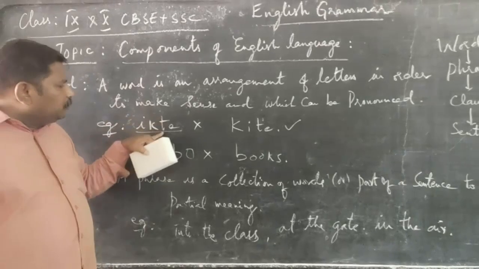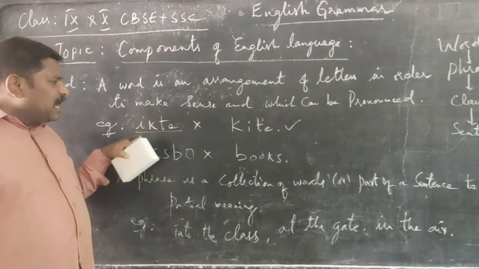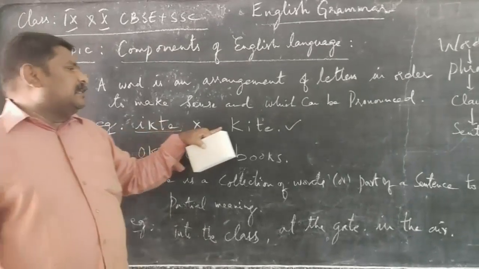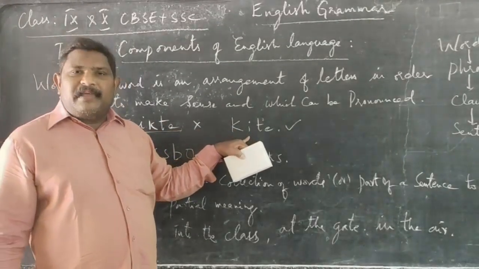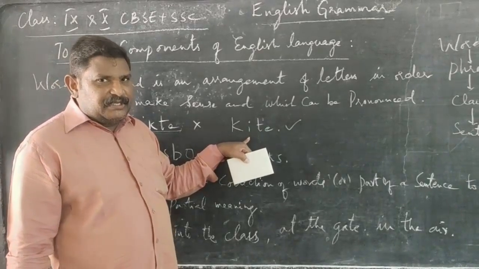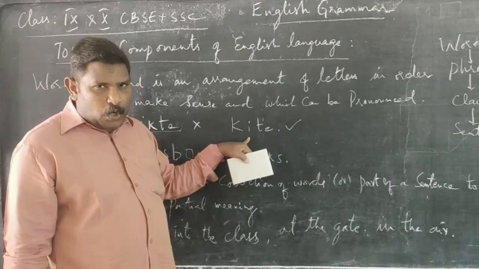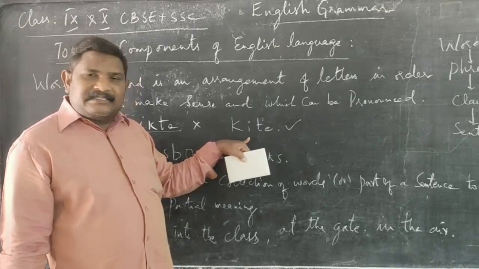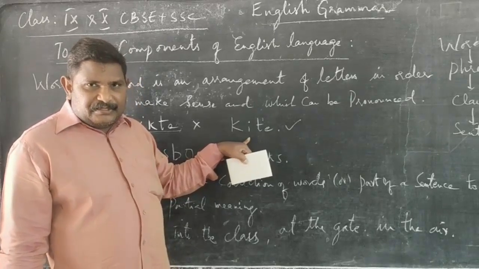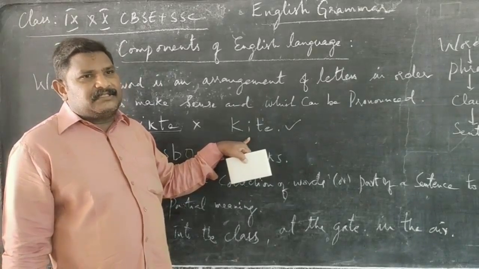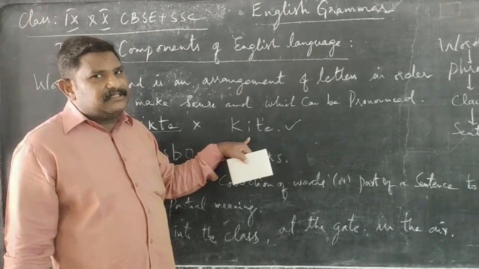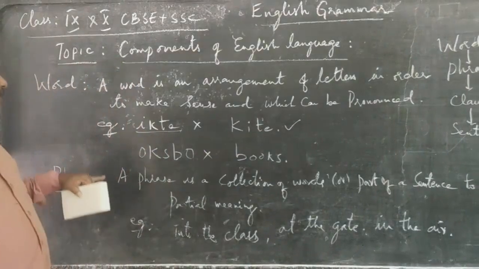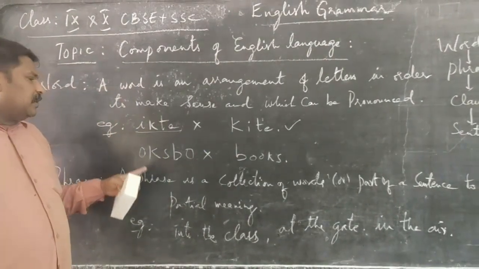But if I rearrange these letters, then it gives a beautiful meaning. Kite. We arranged the letters in order to make some sense, and it resulted in kite. Children play with kites. They fly kites.